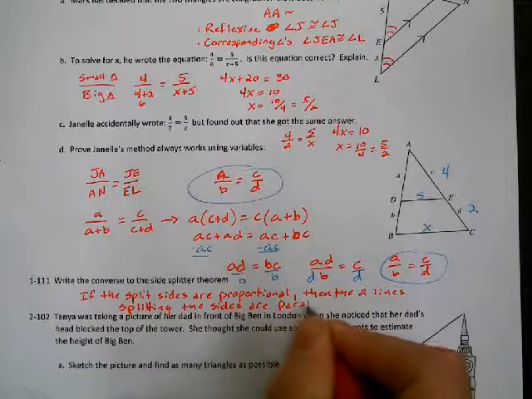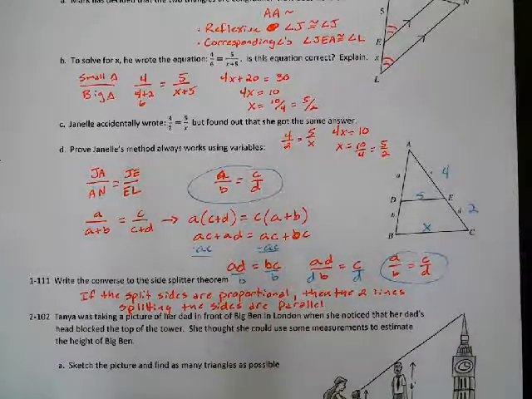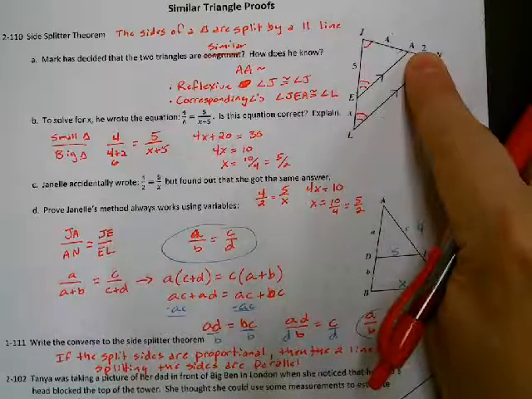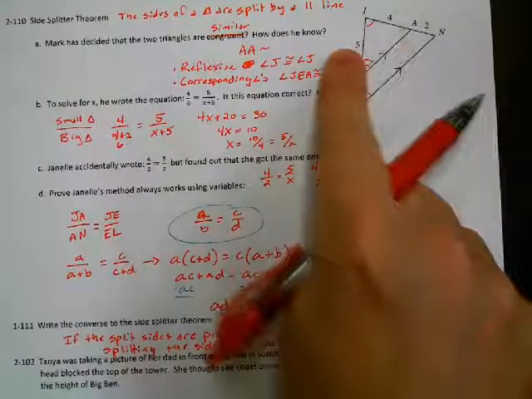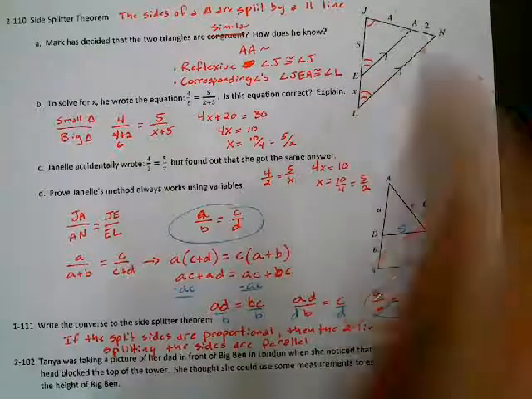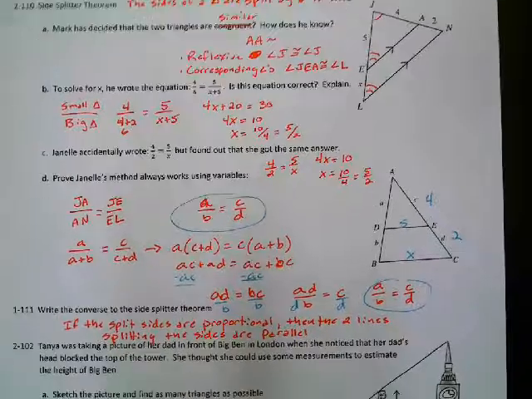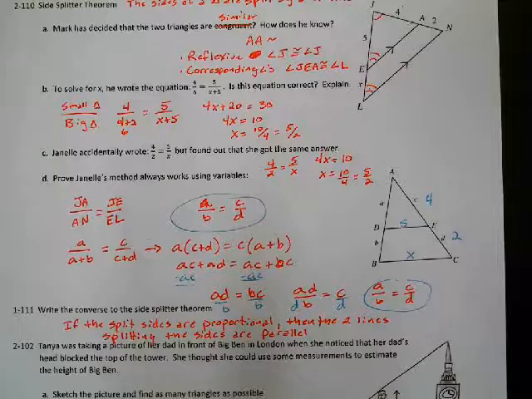So the side splitter theorem says, if we have lines that are parallel, then the split sides are proportional to each other, 4 over 2, 5 over x. The opposite is, if you can prove that these two are proportional, then that would prove that you have parallel lines. So everything that we do in math, every rule of math, is something that can be written as a converse and still be true.